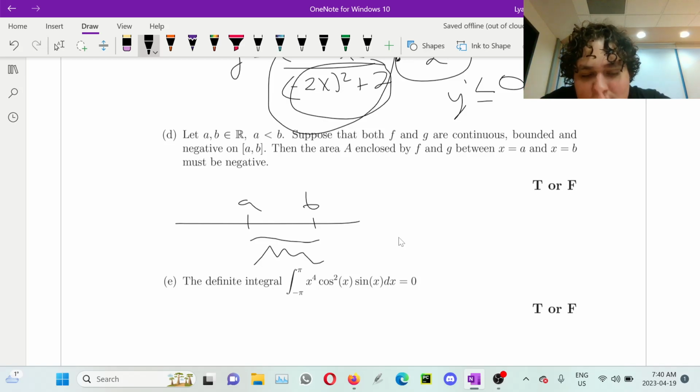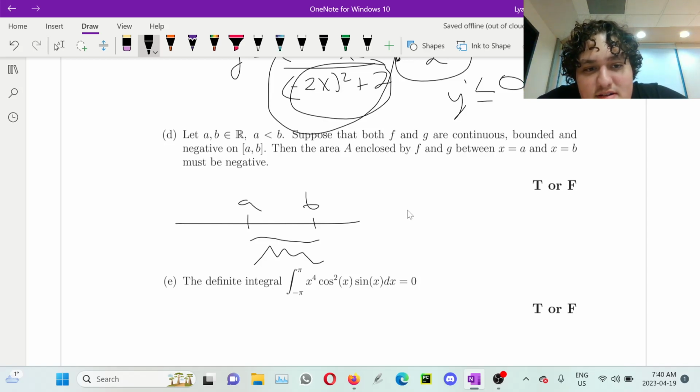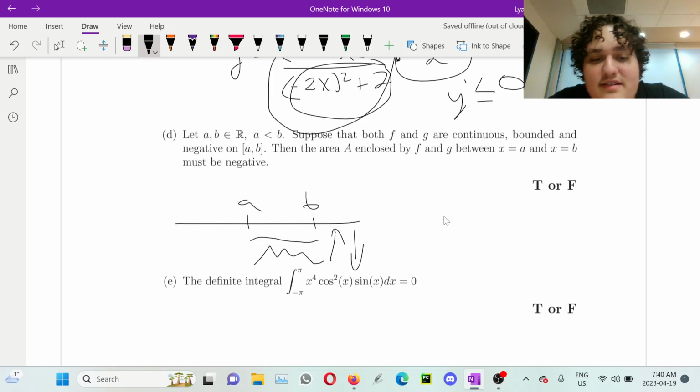Between, I mean, this should be true, right? I don't see why not. They didn't specify, like, if you calculate the area from here to here, it's negative, or from here to here, it's positive, or anything. I think they just care about the net area.